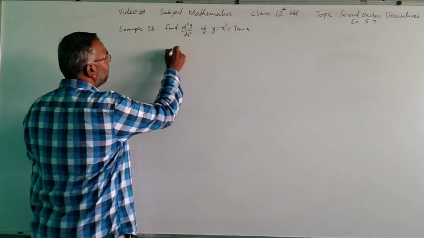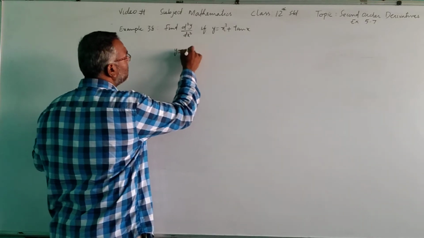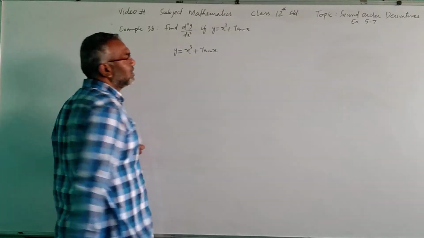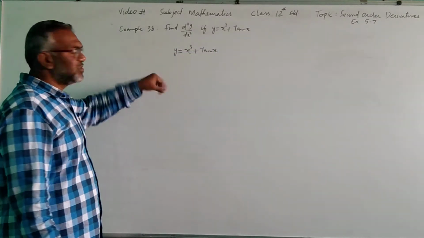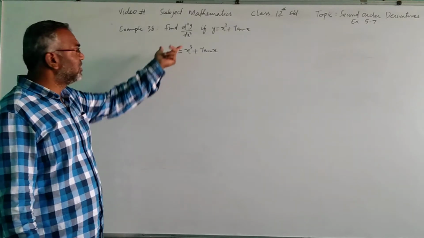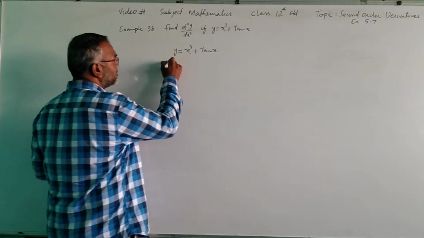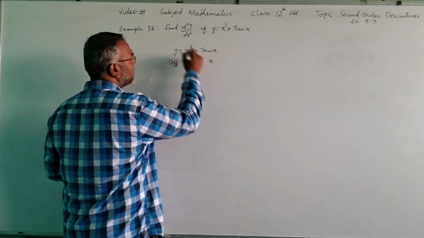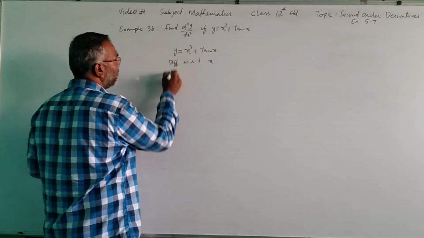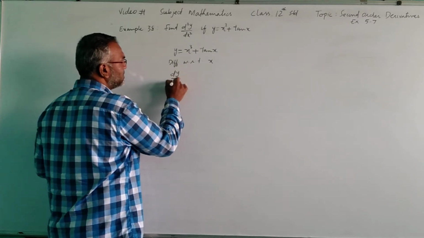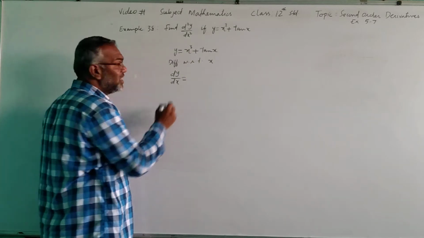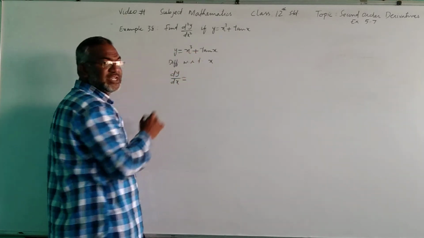So write down the given equation, y is equal to x cube plus tan x. Now differentiate with respect to x twice, that will give you the answer. Now differentiate with respect to x, that is the first order derivative. So dy by dx, differentiation of y with respect to x, and x cube differentiation will be, this is in the form of x raised to n.